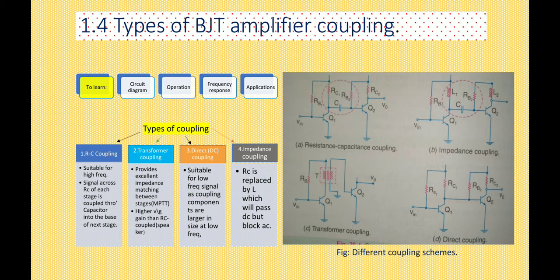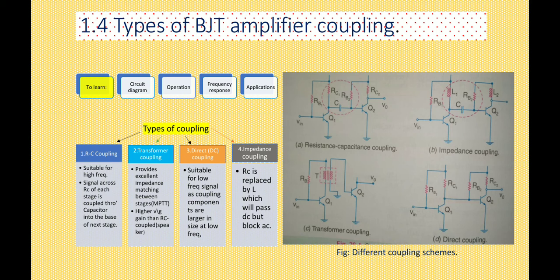First, RC coupling is suitable for high frequency applications, and the signal across the RC in each stage is coupled through the coupling capacitor CC into the base of the next stage.